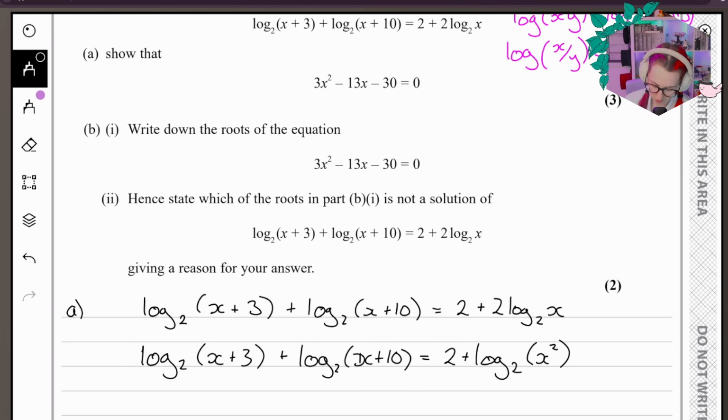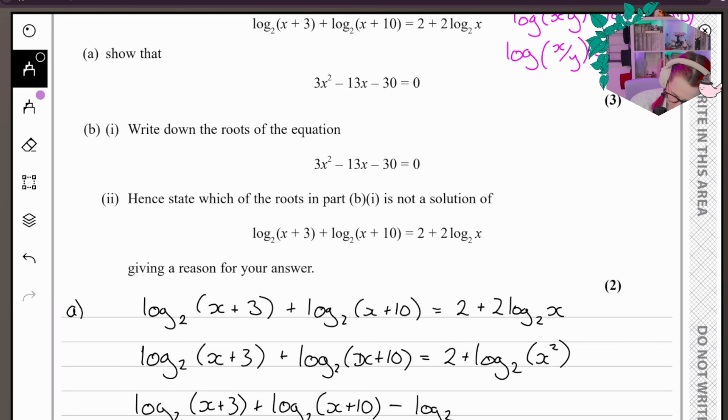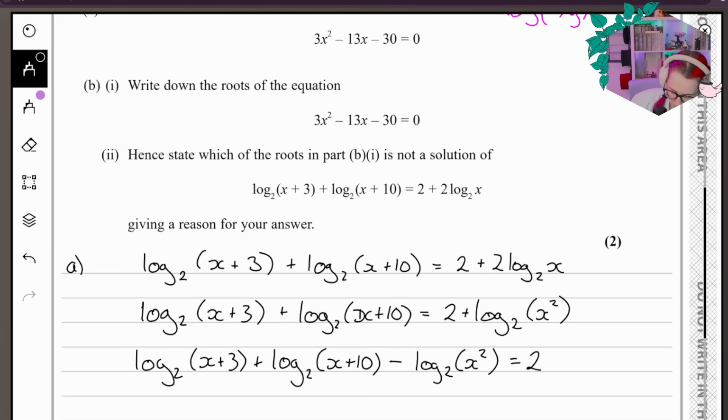Okay, well, I've got an x squared term, so that's good. Bring everything over to the same side. Okay, and now we have log of something plus log of something minus log of something else. So we can bring all that inside of one big bracket.